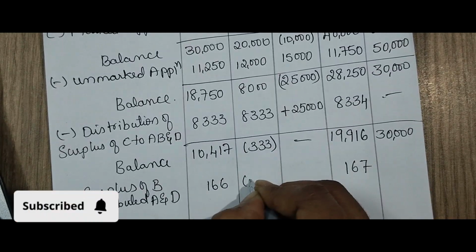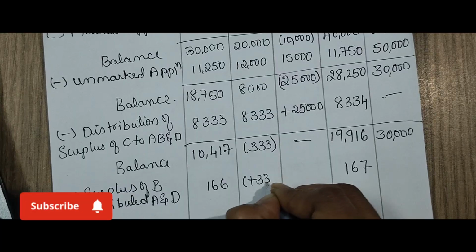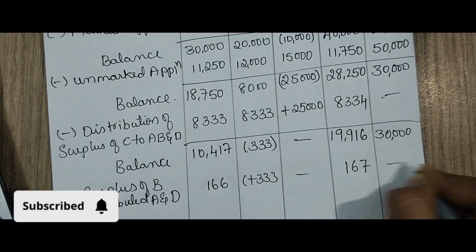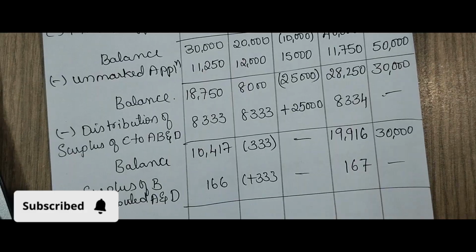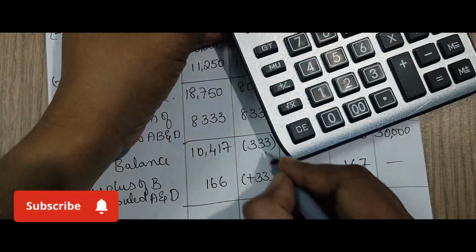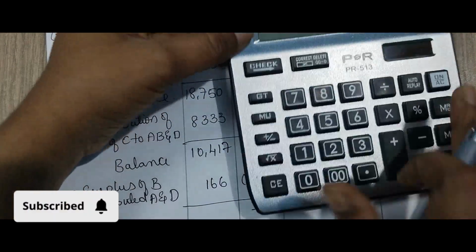Take it. Plus 333. Total we are not writing. Now here it gets cancelled. Nil.